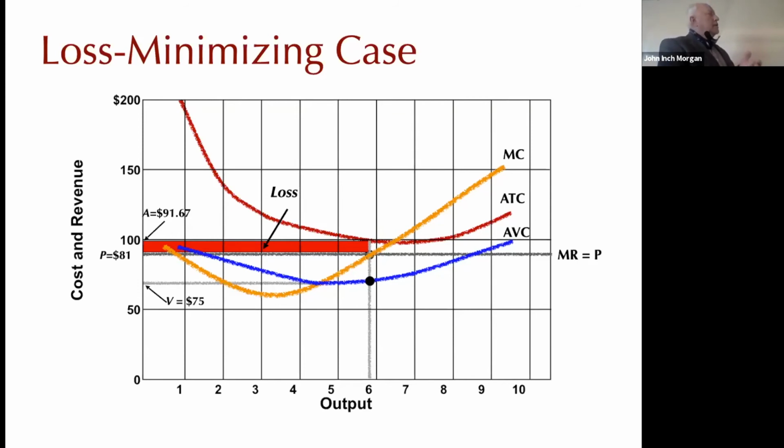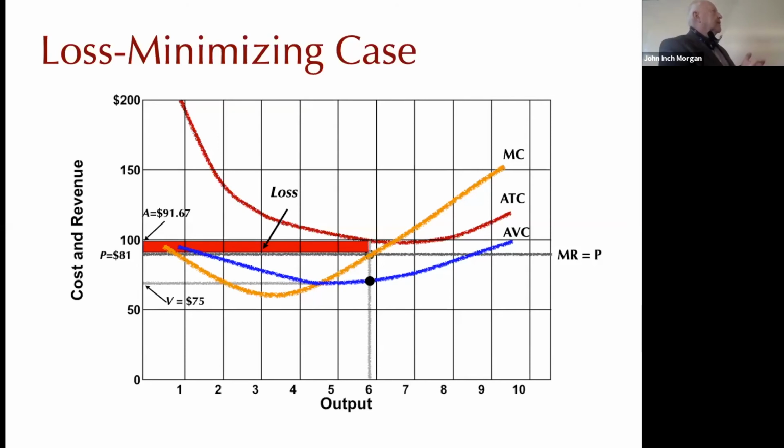But here the price drops to $81. At $81, I have a loss. I'm still covering my average variable costs with the money that's coming in. So $81 is covering my average variable cost at producing 6 units, obviously by quite a bit.